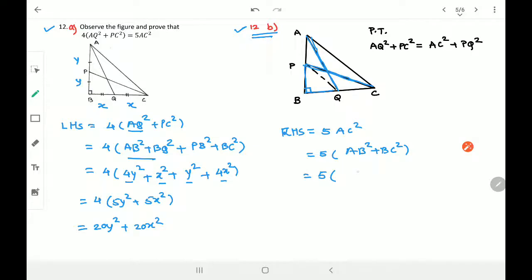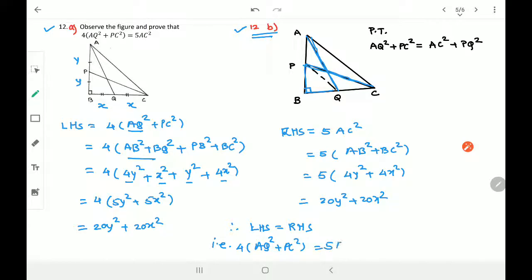AB square is 2y the whole square, that means 4y square plus 4x square. I think it is done. It is 20y square plus 20x square. So therefore we have LHS is equals to RHS. That is 4 times AQ square plus PC square is equals to 5 times AC square. Got it? Done? I just hope you understood.